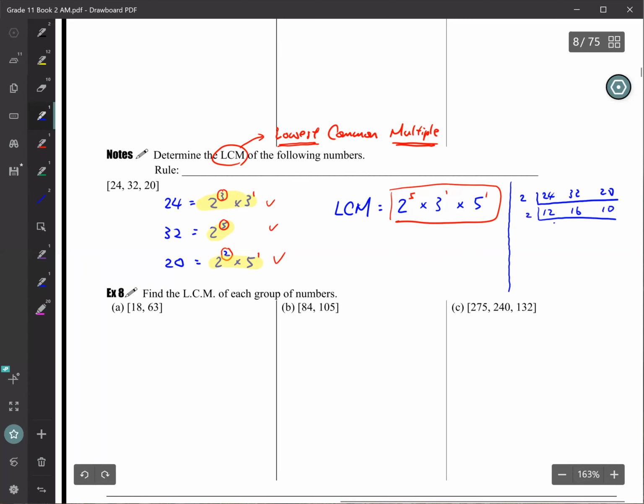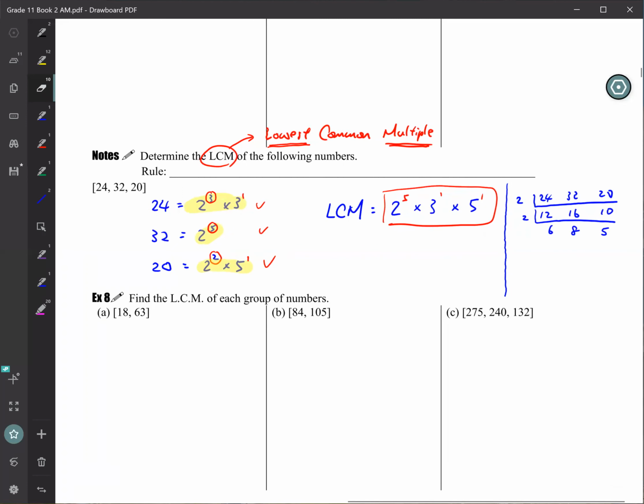So 2, 6, 8, and 5. Now there's no more common factor. If we were looking for GCF, then that's it, and GCF will be 2 times 2. But because we are looking for LCM, we want to break it down as far as we can.